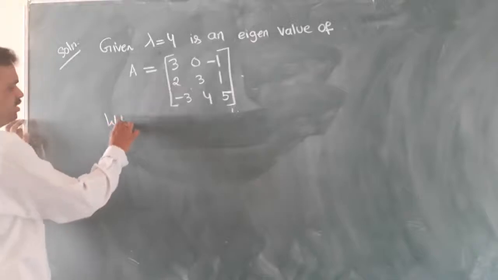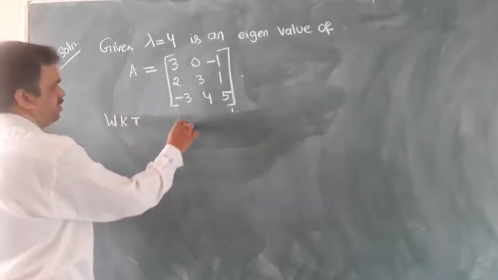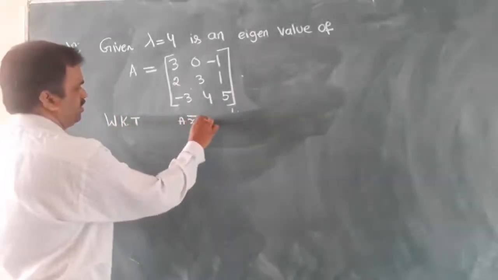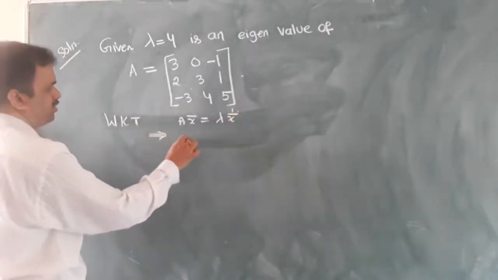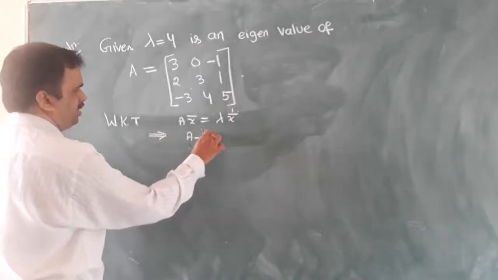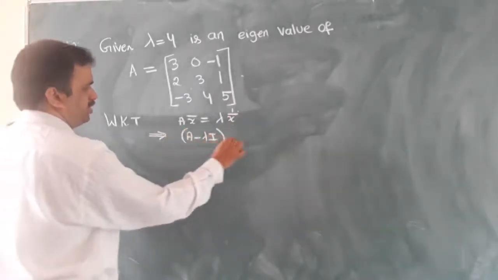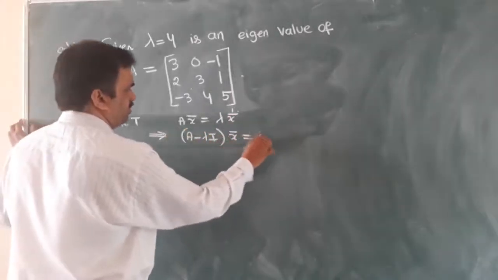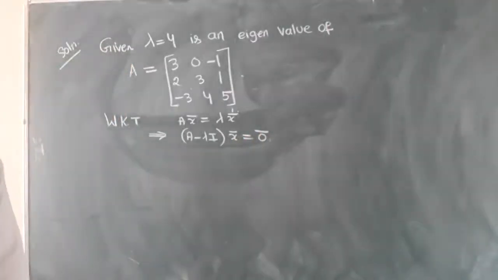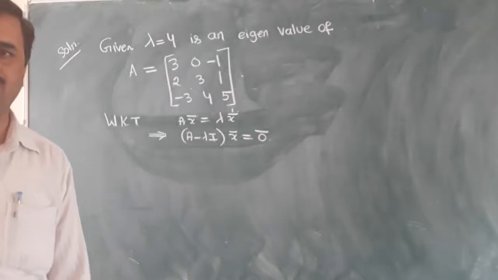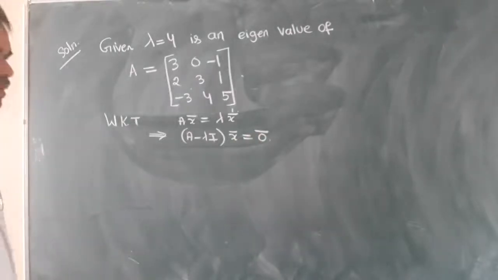We know that A x bar is equal to lambda x bar, or you can write one more form: (A minus lambda I) times x bar is equal to 0 bar.